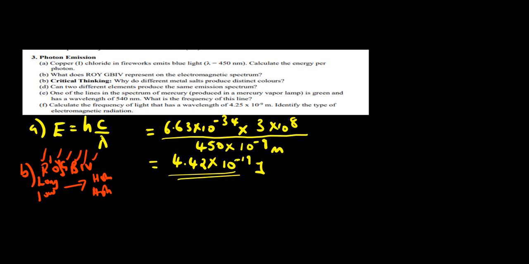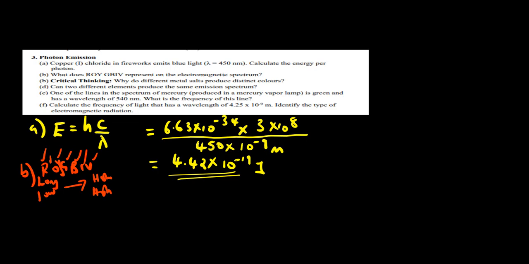You're just trying to explain here. Different metals or metal salts, it can be copper sulfate, copper chloride, as long as it's a salt but it has a metal in it. Barium sulfate, all those kinds of things, they are salts. But why do they produce distinct colors?